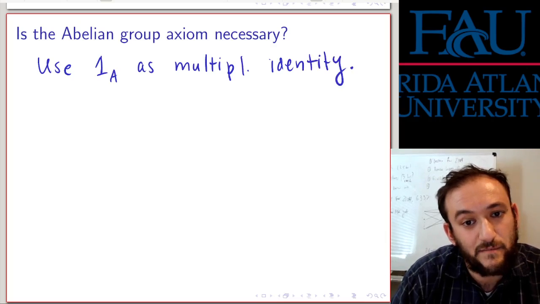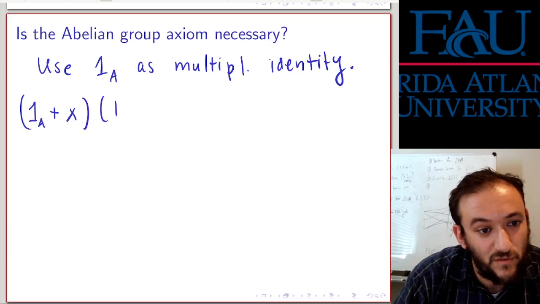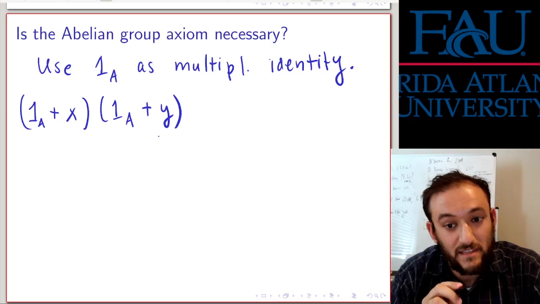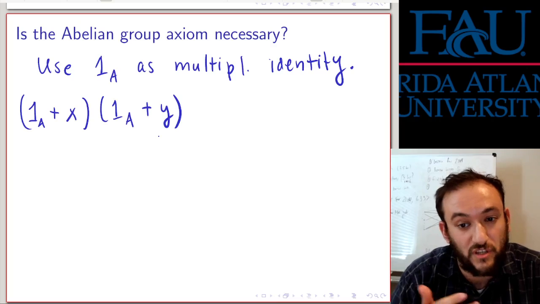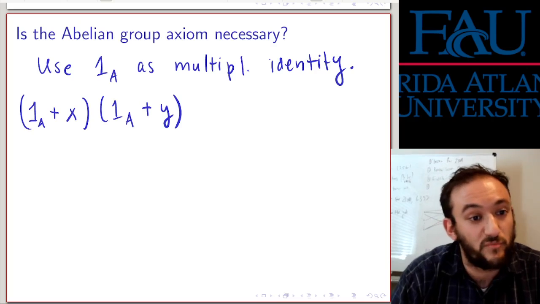In that case, we're going to consider (1_A + x) times (1_A + y). Okay? So now we're going to use the distributive properties to carry out this multiplication. But we want to keep in mind that we have a left distributive property and a right distributive property.